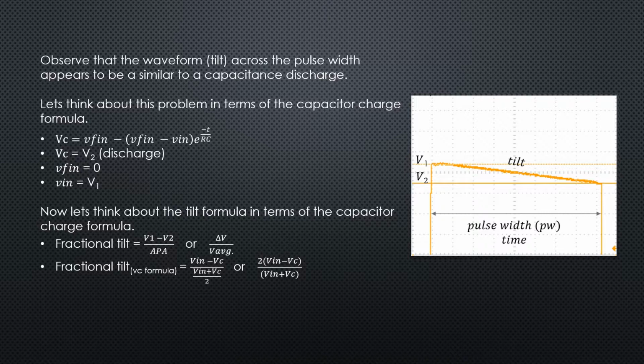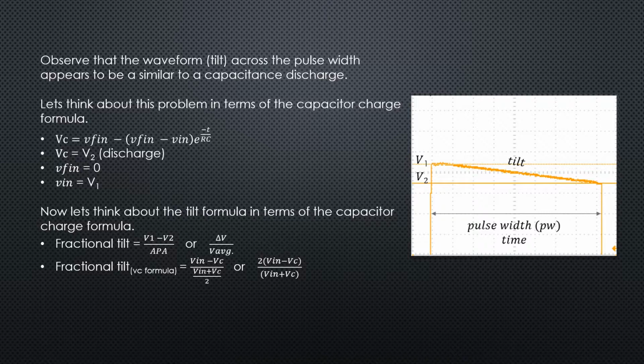Now we're going to take a look at the fractional tilt formula, which is V1 minus V2 divided by the average pulse amplitude, or delta V divided by the voltage average. That gives us our tilt. Now if we take the fractional tilt formula and put it in terms of our capacitive charge formula, we get V initial minus VC divided by, if we take the average, V initial plus VC divided by 2.